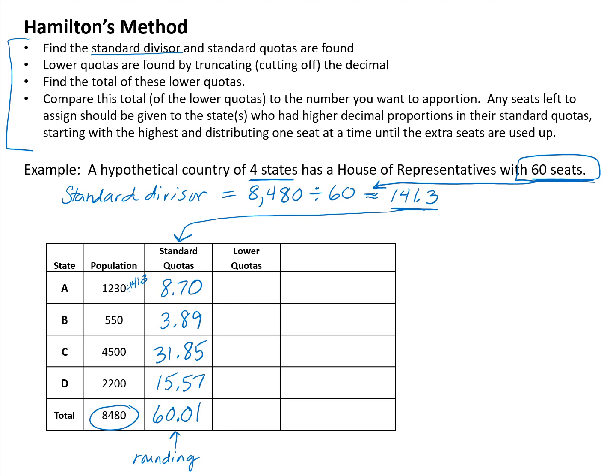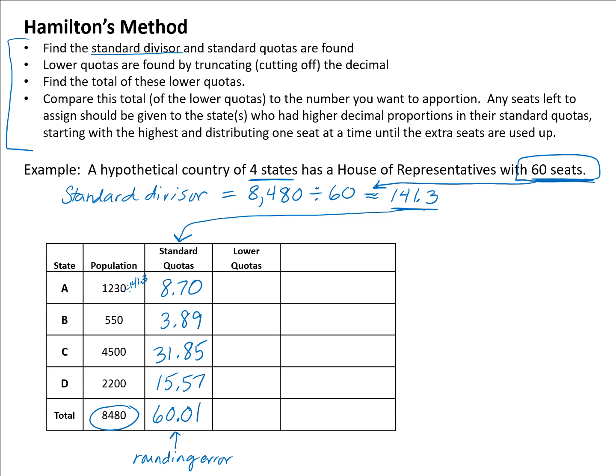So we rounded them off to the second decimal point. It's pretty common to do the second, third, or even fourth decimal point. The main thing is to watch the instructions wherever you happen to be doing it. Here I'm doing the second, but in other places you might want the third decimal point. This round off error is very normal when you add things up at the end.